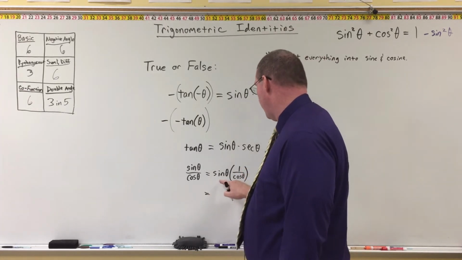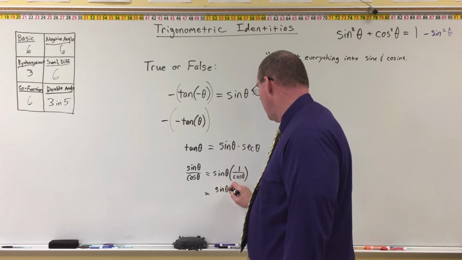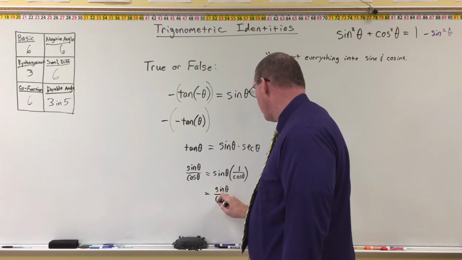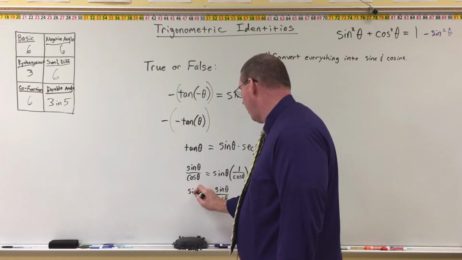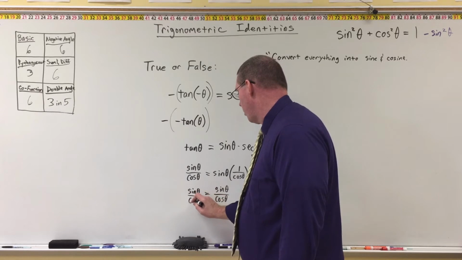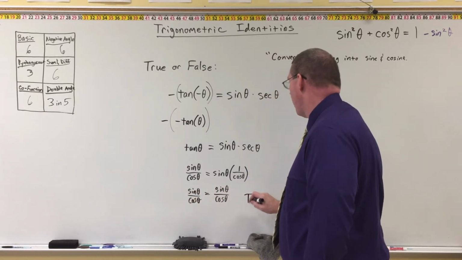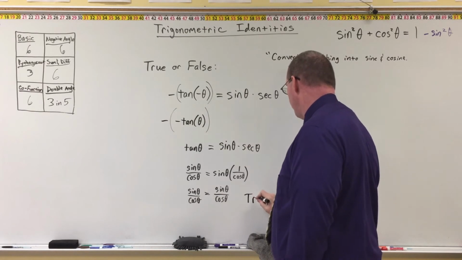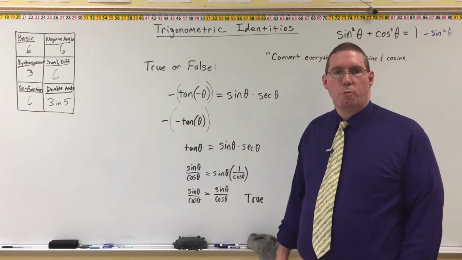And so on the right side here, I have sine of theta times 1 is sine of theta. And in the denominator, I have over cosine of theta. And sure enough, over here I have sine of theta over cosine of theta. And so now they are both equal. And so we can say that this identity must be true, okay?